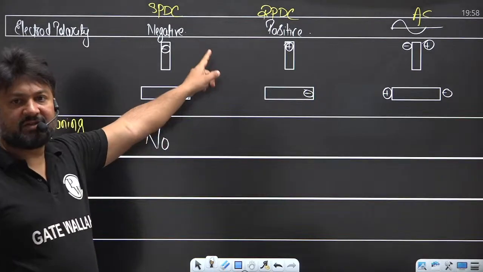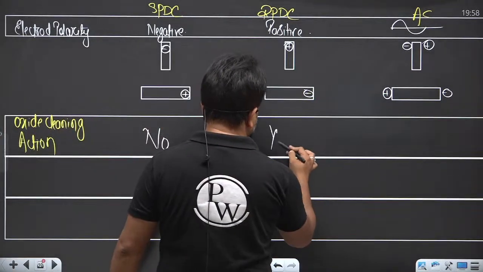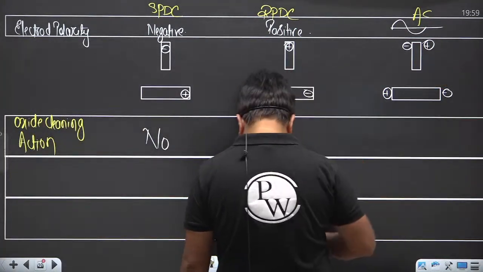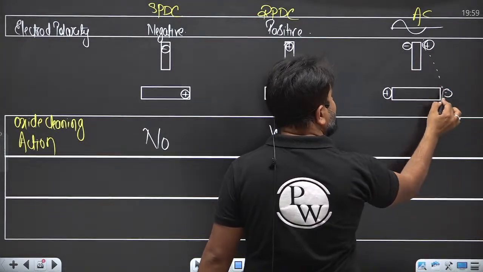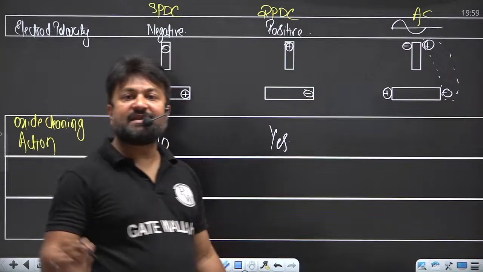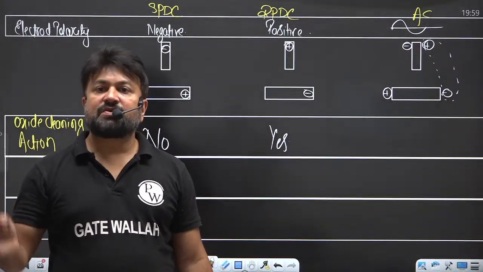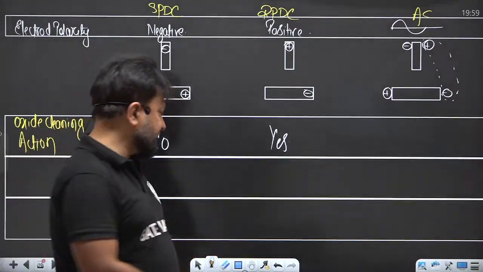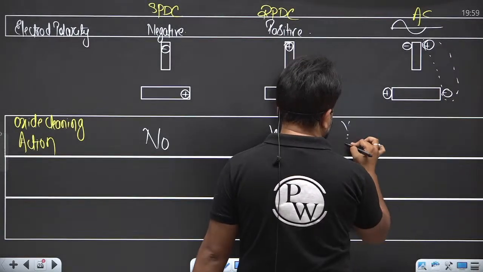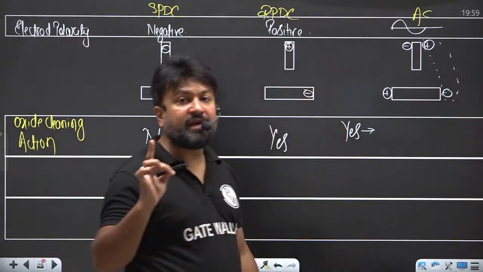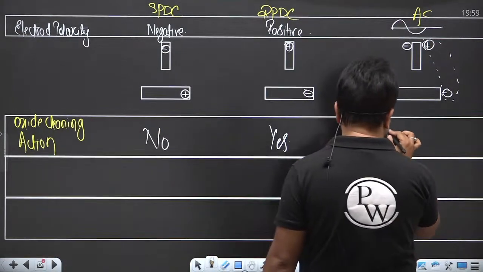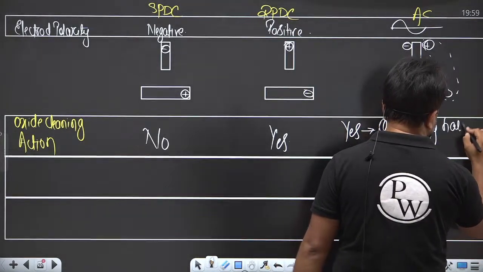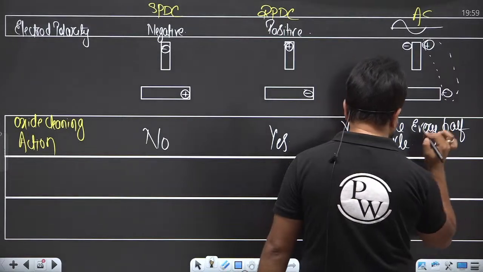When you are using reverse polarity, oxide cleaning will take place. And with AC polarity, when the electrode is positive and the workpiece is negative, in that polarity the oxide will be removed, so once every half cycle the oxide gets removed.